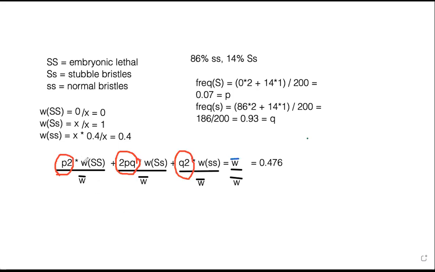If there wasn't any selection, all three of these fitness values would be equal to the mean fitness, and all of these fractional parts would just equal 1, and we'd be back with the simple Hardy-Weinberg equation.